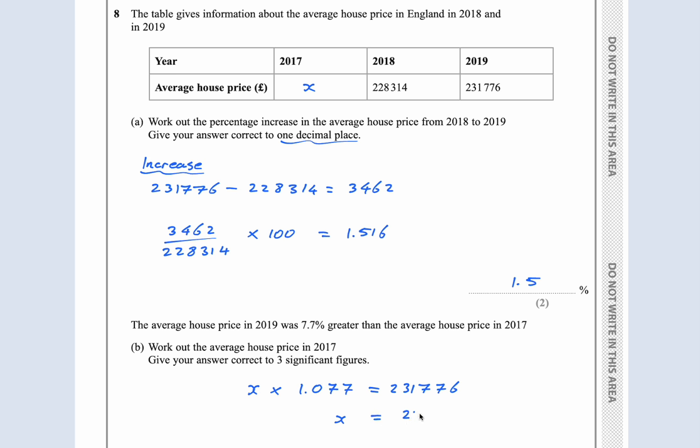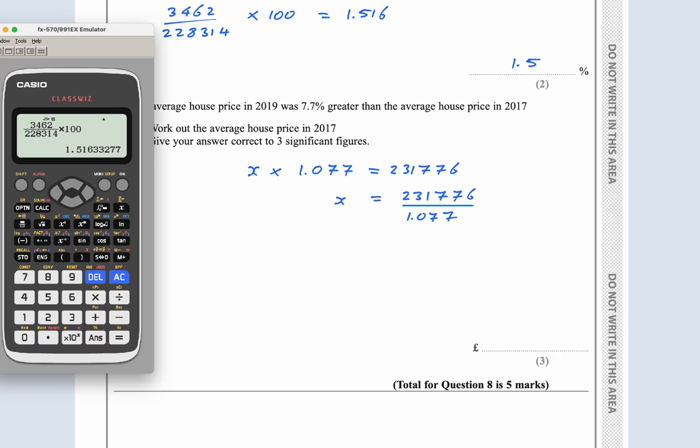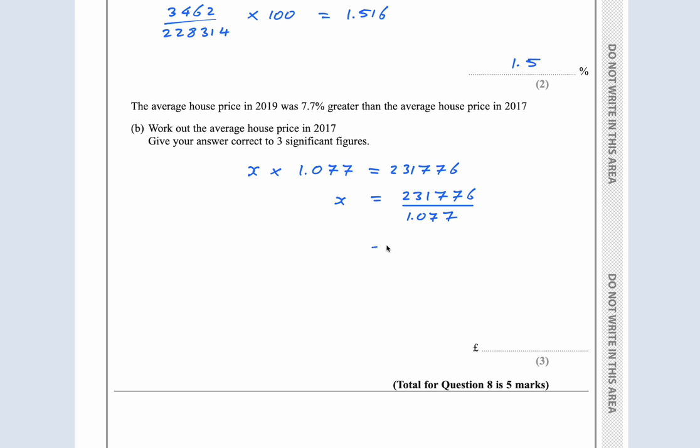That means I've got a simple equation now, so I can just divide by this. 231,776 divided by 1.077 will give me X, which was the average house price for 2017. So let's do that. 231,776 over 1.077 is 215,205 and change.